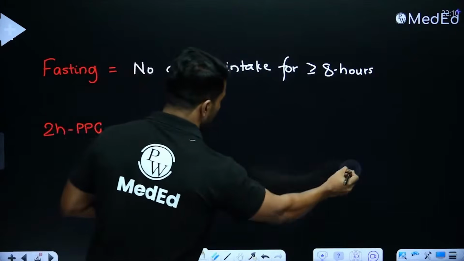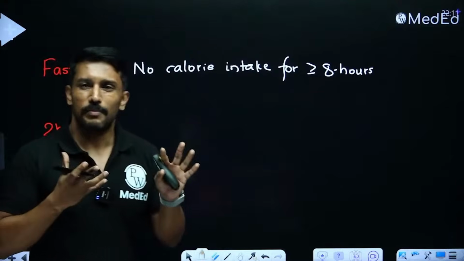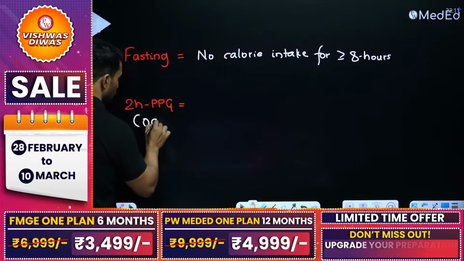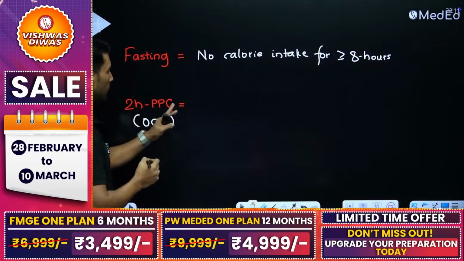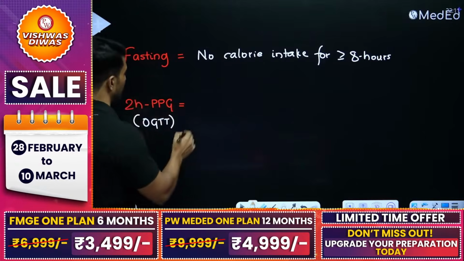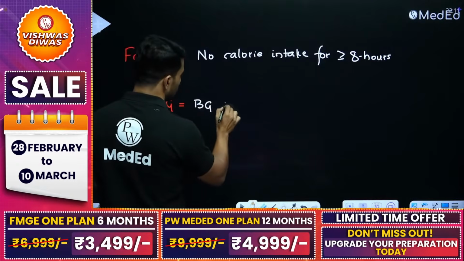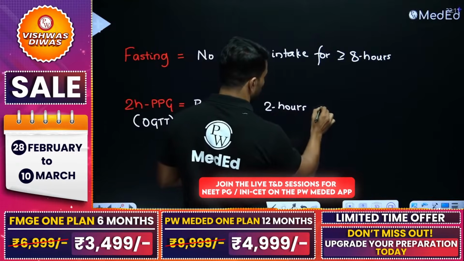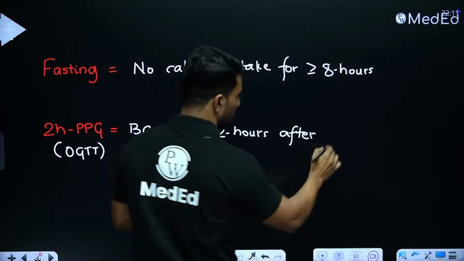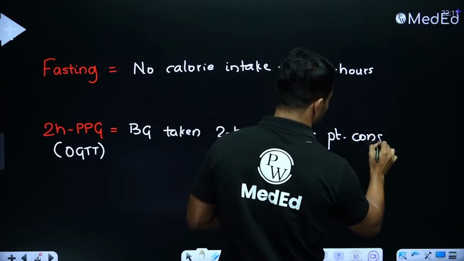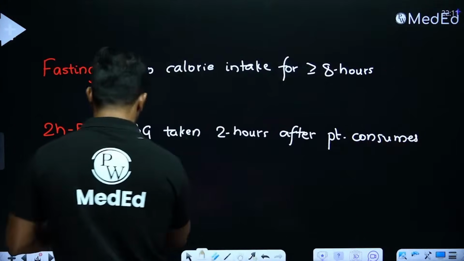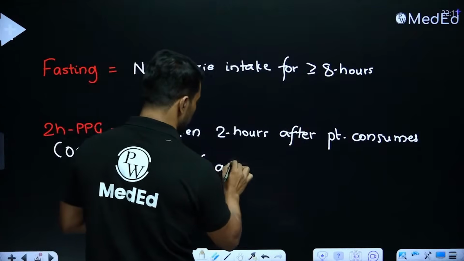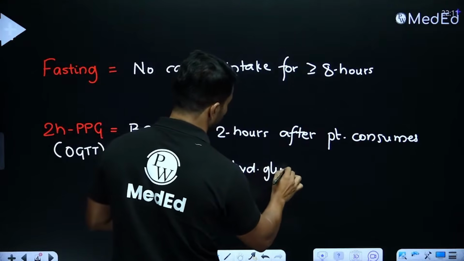So what do we do here? In gestational diabetes mellitus, you might have come across a term called the oral glucose tolerance test. Literally what we are doing here is nothing but an oral glucose tolerance test. The 2-hour postprandial plasma glucose is defined as blood glucose taken 2 hours after the patient consumes 75 grams of anhydrous glucose dissolved in water.